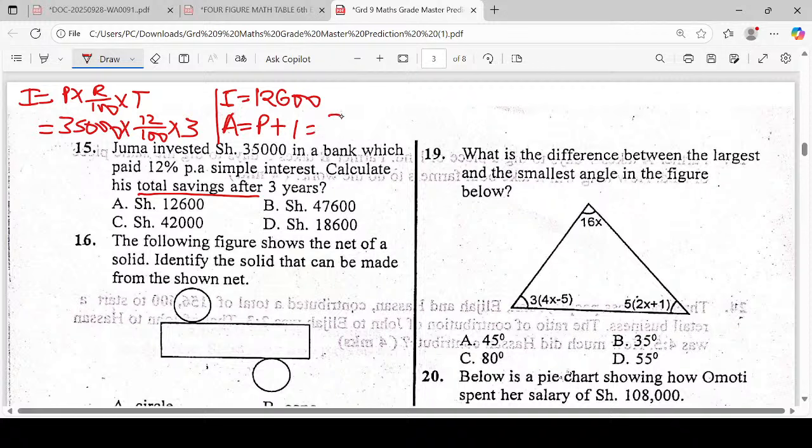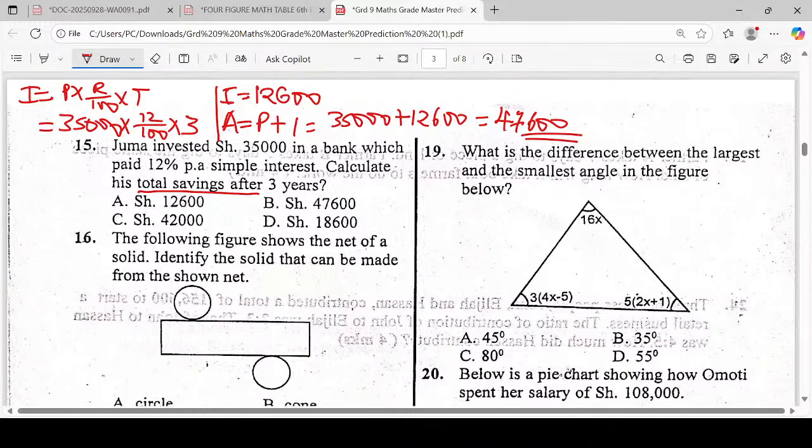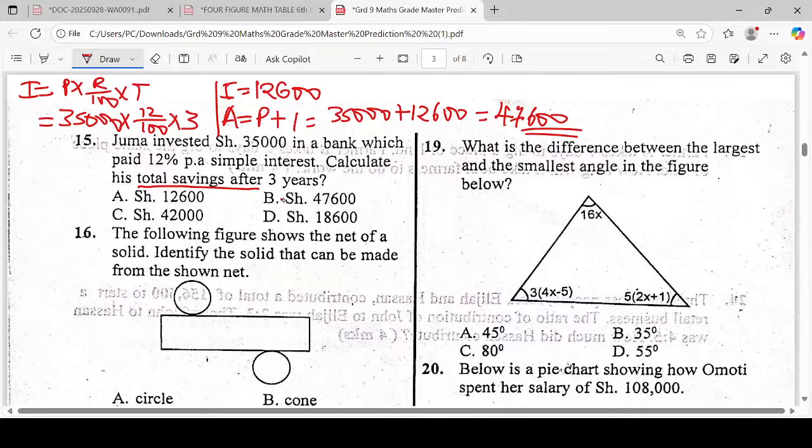So my principal is 35,000 plus the interest of 12,600. What are you going to get when you add 35,000 to your interest? 47,600. So that is the total savings after 3 years in my account. So choice is B for boy. That is correct.